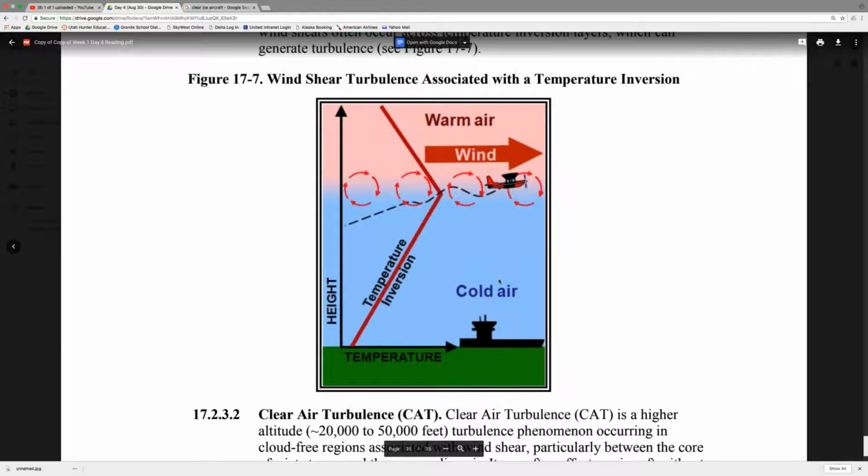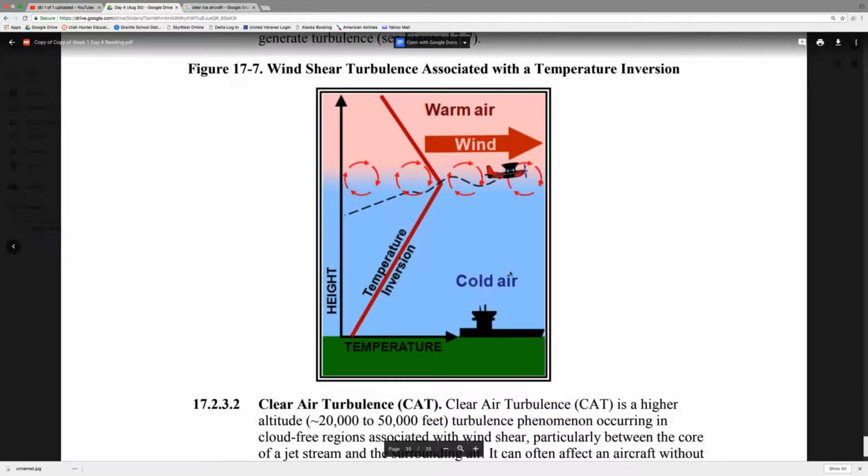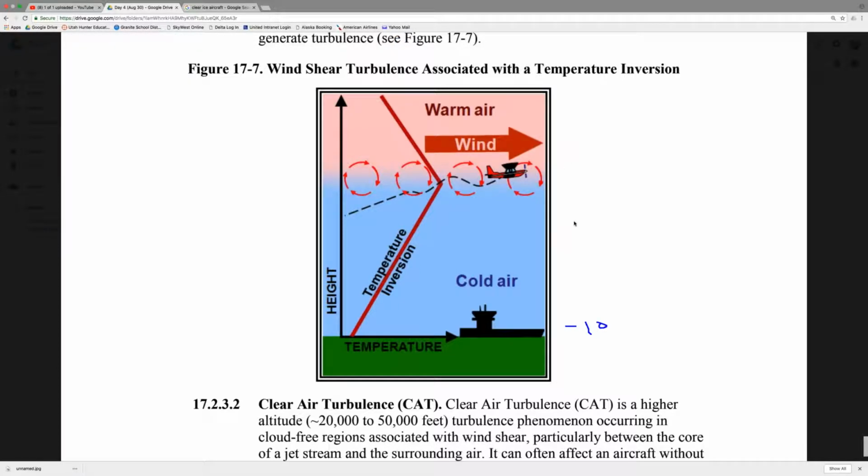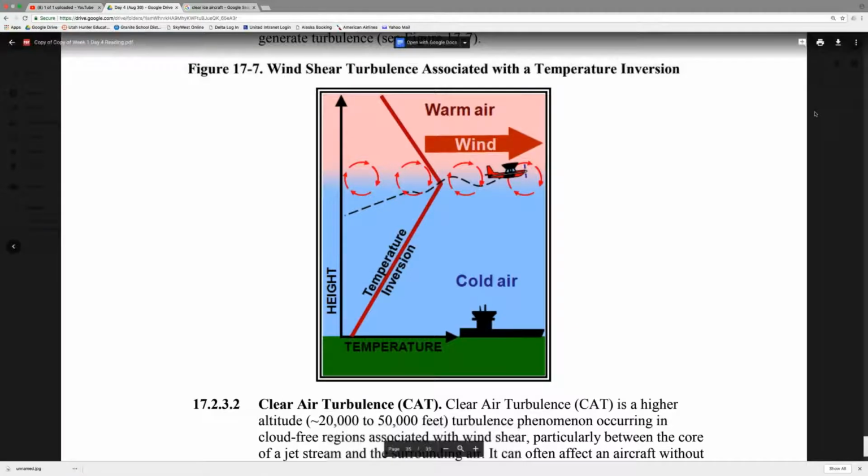Yep, exactly. With a temperature inversion, it'll be really cold down here on the surface, like -10 degrees. You get up here and it'll be where it's supposed to be colder. Get above the inversion and it'll be like +10 degrees. That used to happen to me all the time when I would go snowboarding.